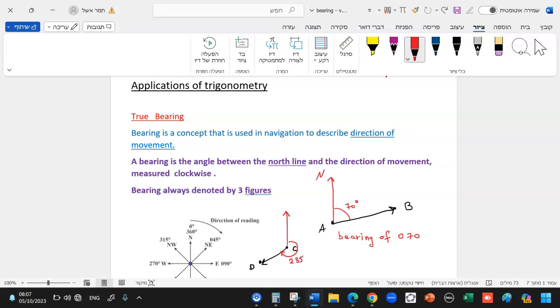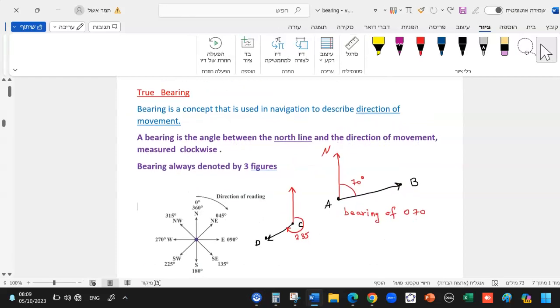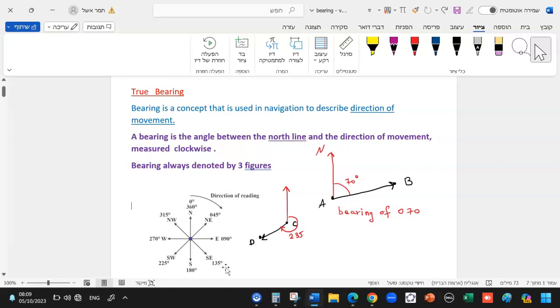The bearing from C to D is 235. Here's a drawing here that describes the main directions, north and south, east and west, and their combinations.